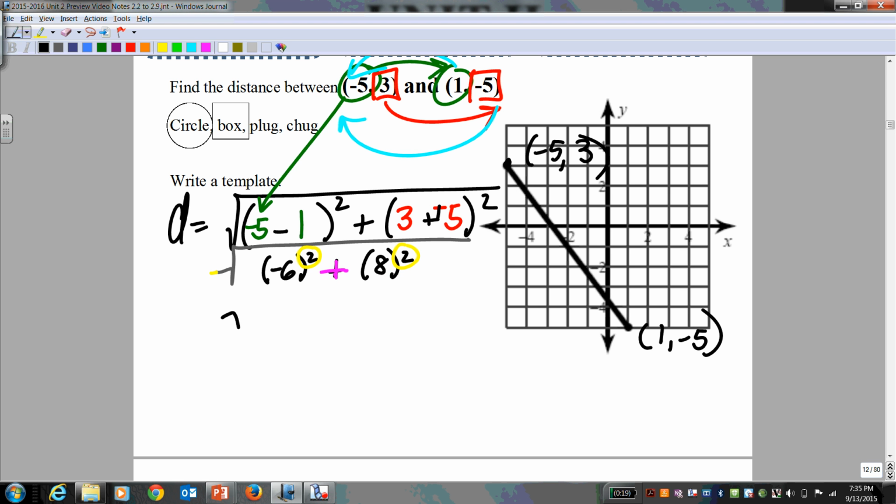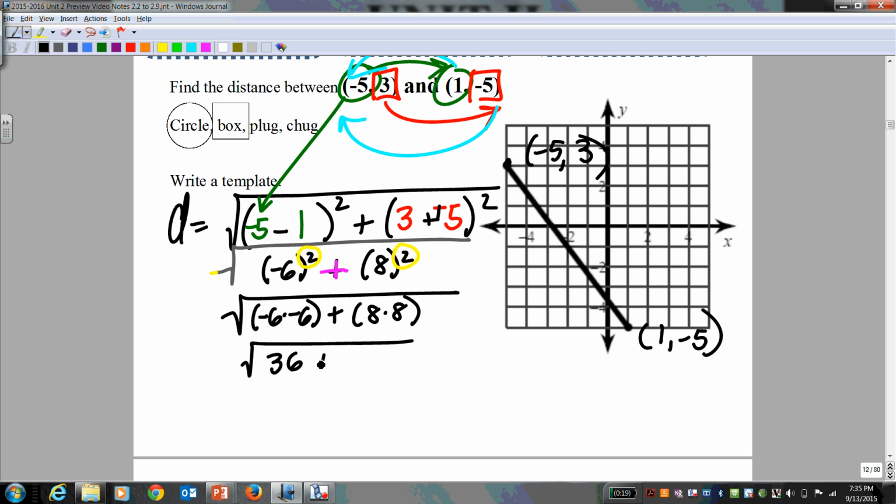So this actually looks like this. -6 times -6 plus 8 times 8. Add your own math. Once you get to the square root, if you can simplify, do so, which in this case, it's a perfect square, so it's just a big fat 10.